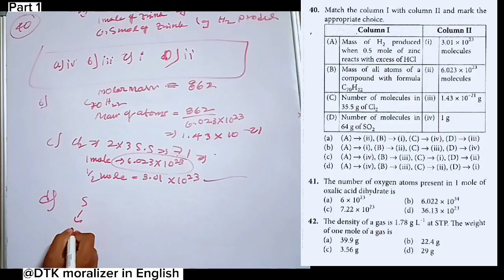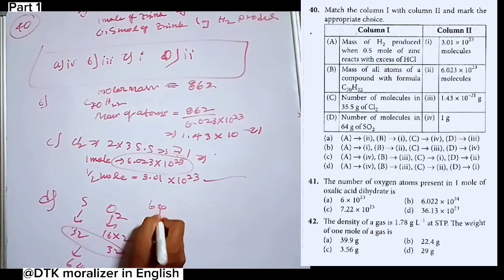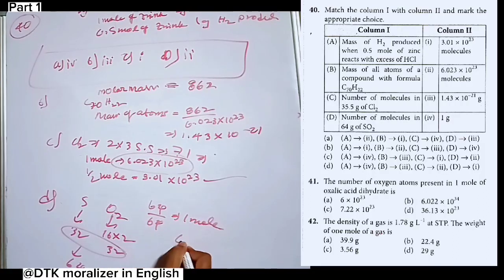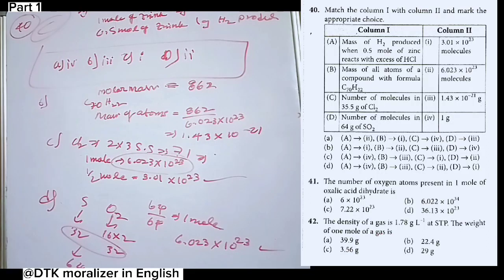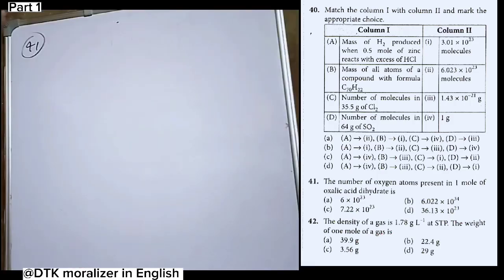Here half mole, so 3.01 into 10 power 23. For option C, 1. As you can see, option D, it is 2 because S is 32, O2 is 32, so 64 grams. So 1 mole, so Na molecules. So the answer will be 4312. Option C would be right.